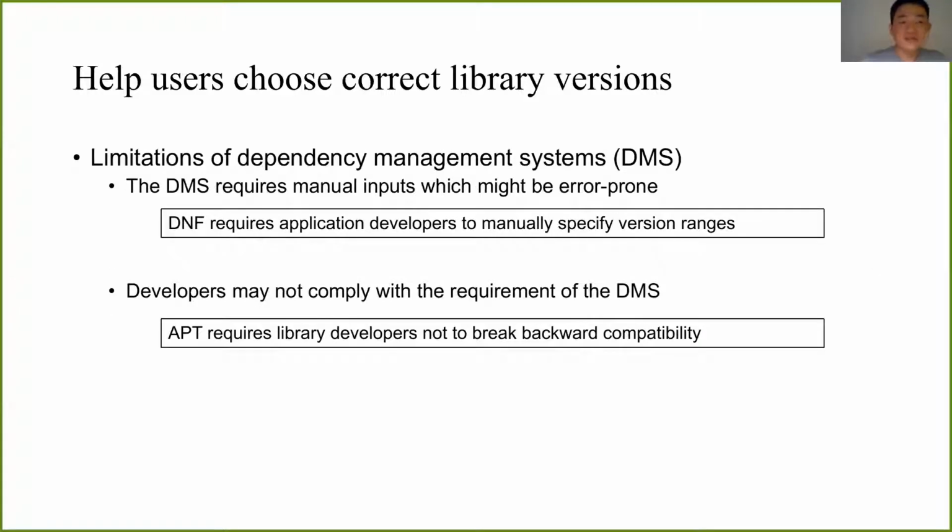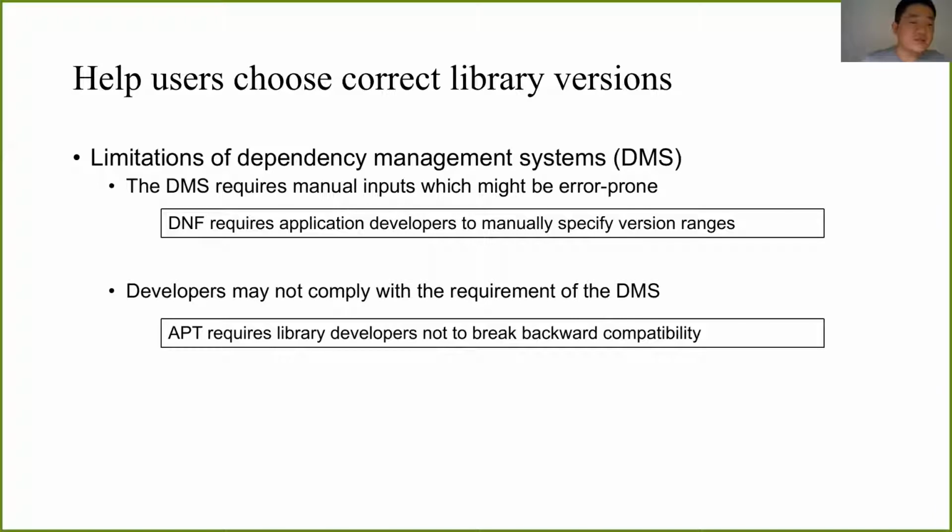These systems may still have limitations in practice. For example, DNF requires application developers to manually specify the version range of all required libraries. This input might be error-prone, especially for applications that depend on a large number of libraries.